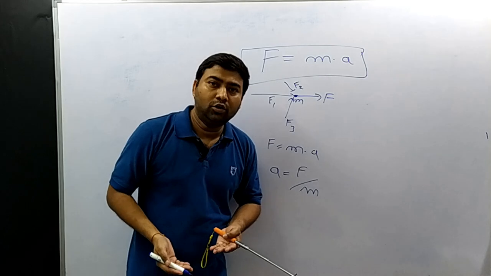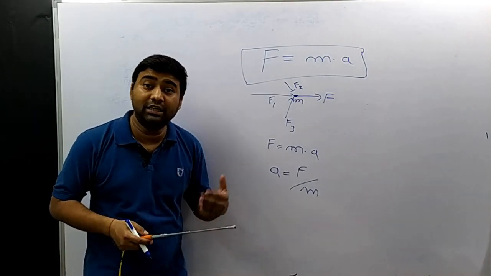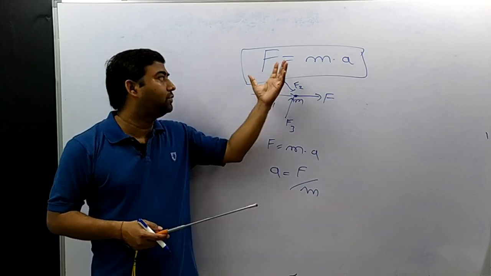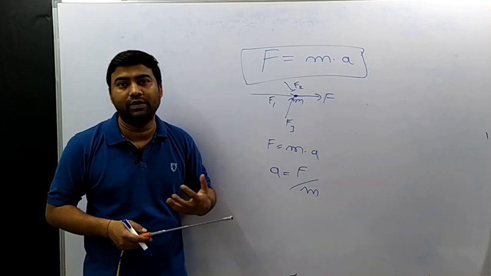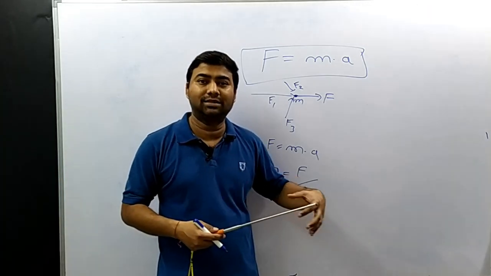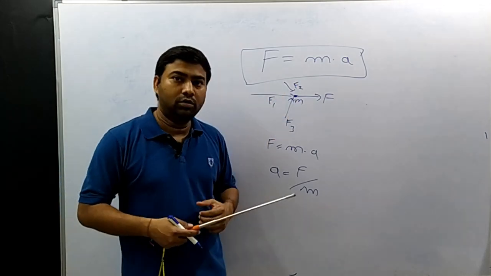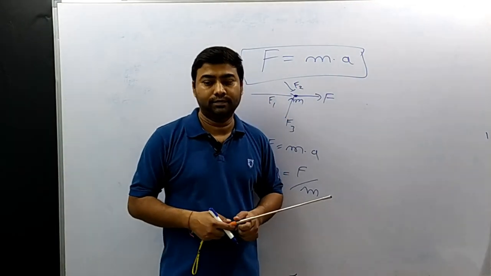So this second law of motion, Newton's second law, quantifies the force. It quantifies how fast, how quickly the object will accelerate, it will move. So that is the law quantifying the force.